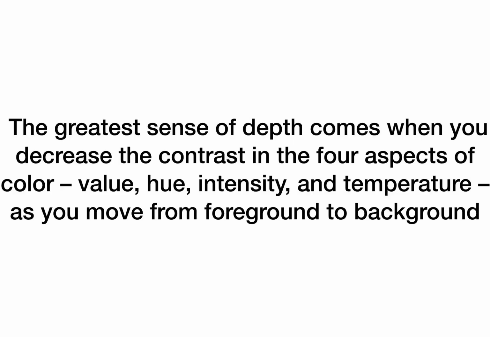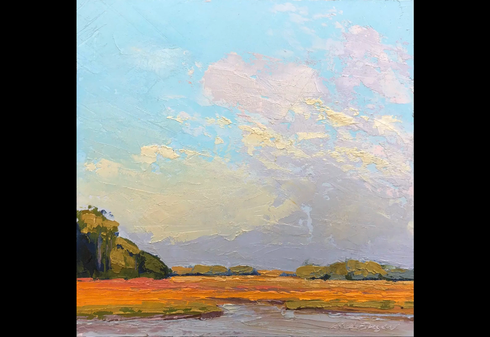So to create the greatest sense of depth using atmospheric perspective, what you're going to want to do is to decrease the contrast in the four aspects of color: value, hue, intensity, and temperature, as you move from foreground to background. Look here in this painting in the foreground where you have a great deal of contrast in this first line of trees against the marsh and the water.